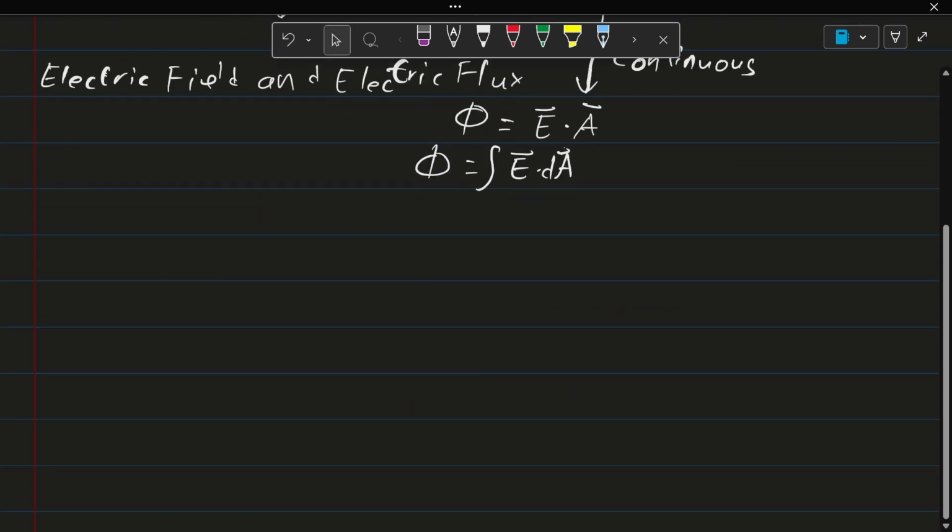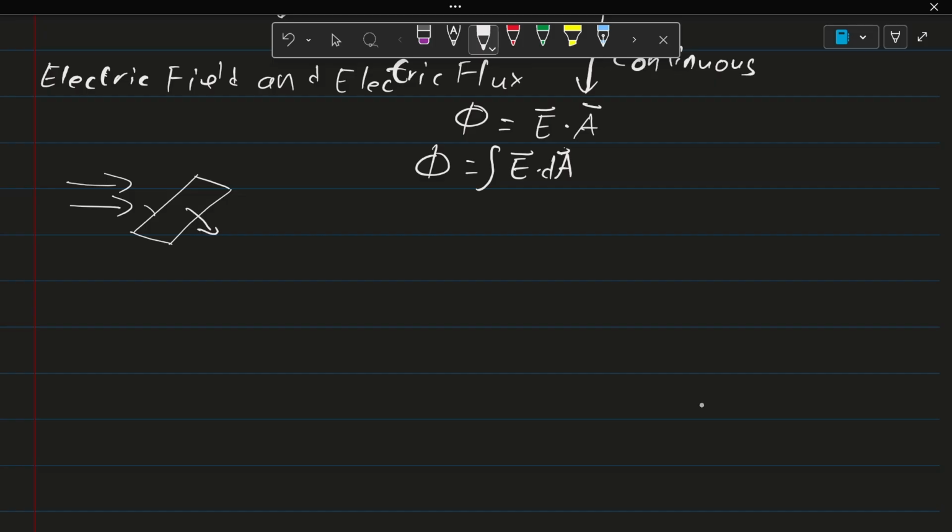So let's consider certain types of surface. Here you need a surface as well as the electric field. Let's say the electric field is going in this direction, and you have this plane in a certain direction. The way to compute the flux is to do the dot product of E with A. So it's E vector dot A vector, because it is only in one direction.